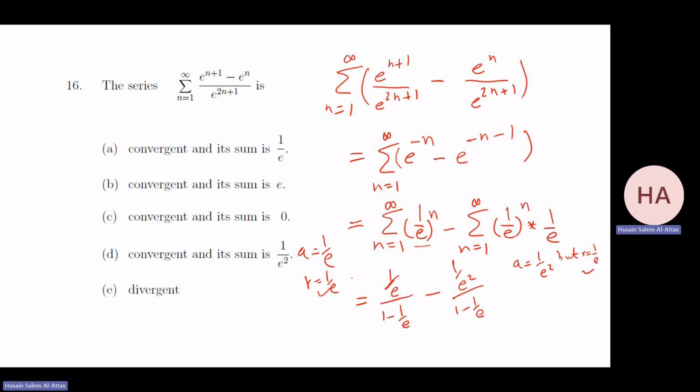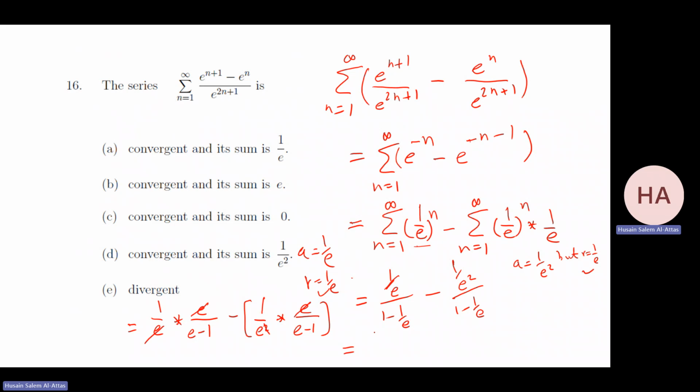So that'll give me 1 over e, this is e over e minus 1, minus, let me put a bracket, 1 over e square. This one will be e minus 1 over e, I make the reciprocal. So that'll give me, here, this is the square.